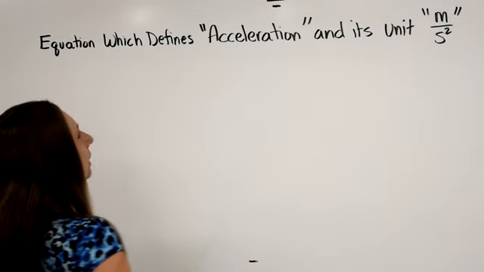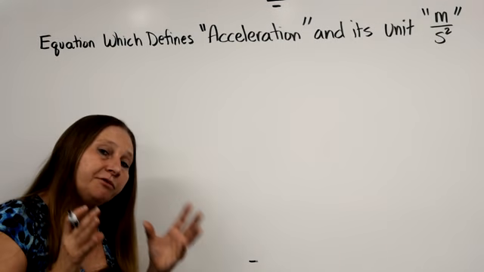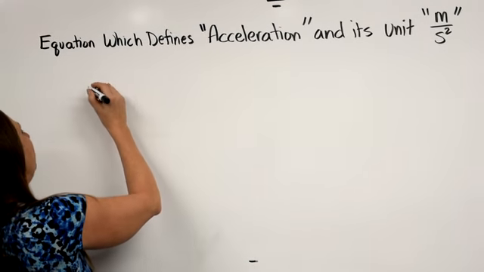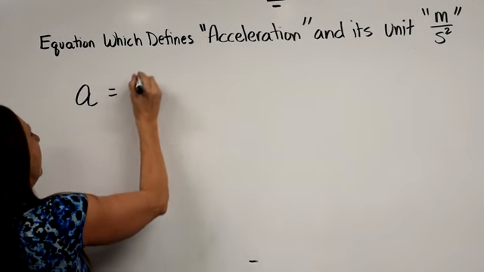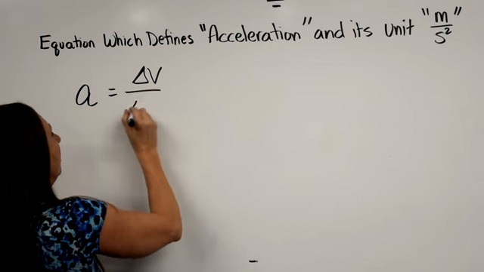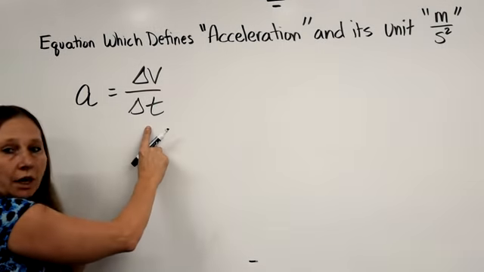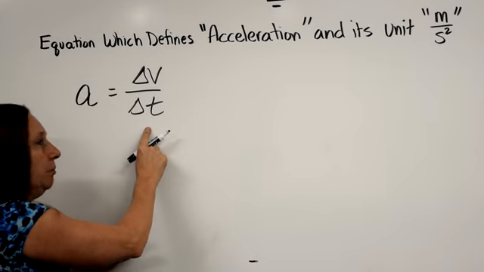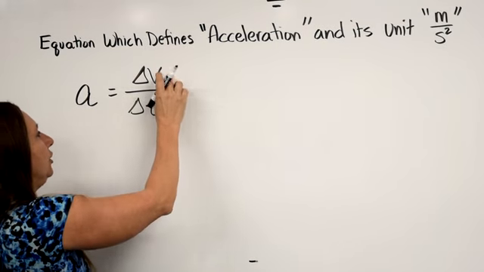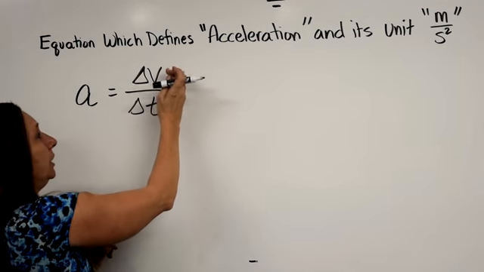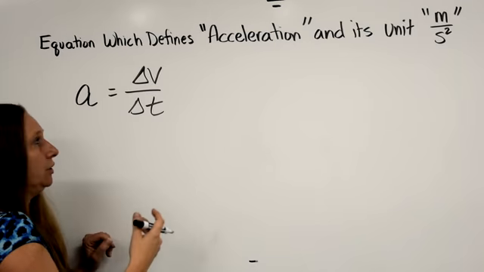All right, so now, the equation that defines acceleration. Acceleration is a change in velocity per unit time. The unit is usually a second on the bottom. You can say a change in velocity with respect to time.